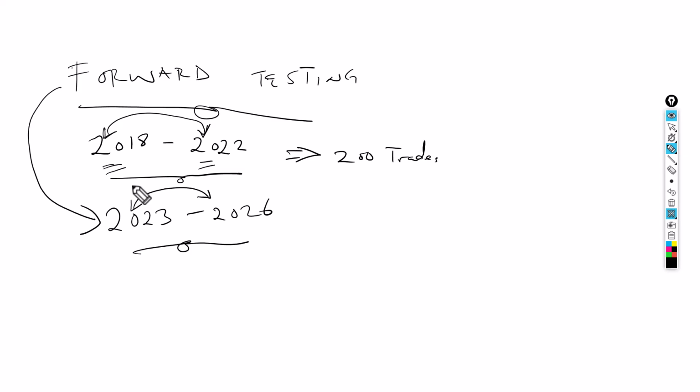So for example, since we're using the trend trading strategy in this example, let's say you back tested it from 2018 to 2022 when the market was trending for that particular instrument, but then when you tested it from 2023 to 2026, the market was ranging or consolidating, and you still managed to somehow not lose a ton of money with it, or you managed to break even, or make a little bit of profit.